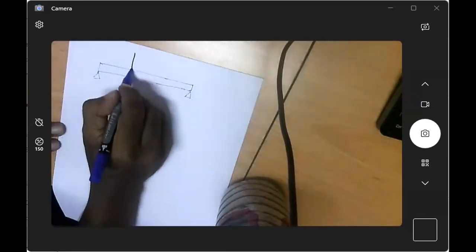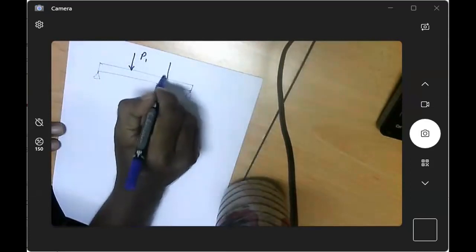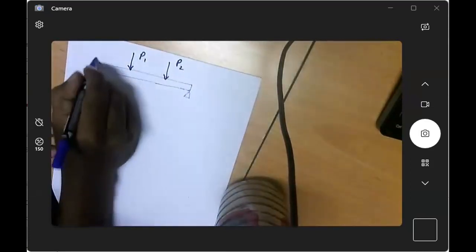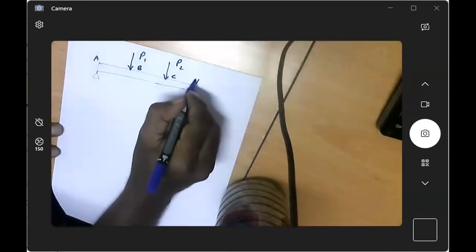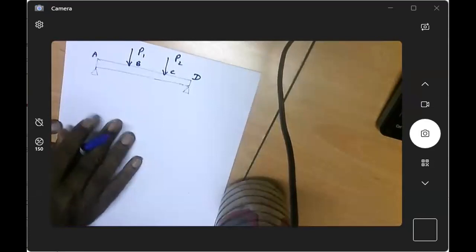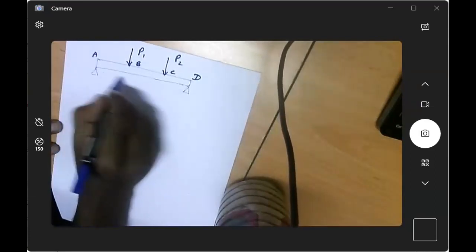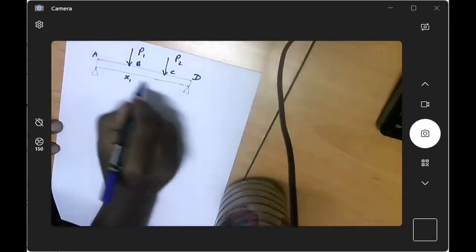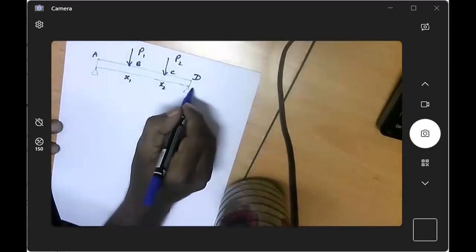So let's try to do this question very quickly. We have two forces, P1 and P2. So this is A, B, C, and D. Let's suppose the distances are x1 here, x2 up to here, and x3 up to here.